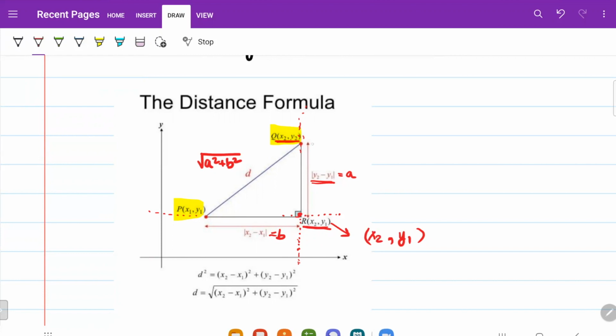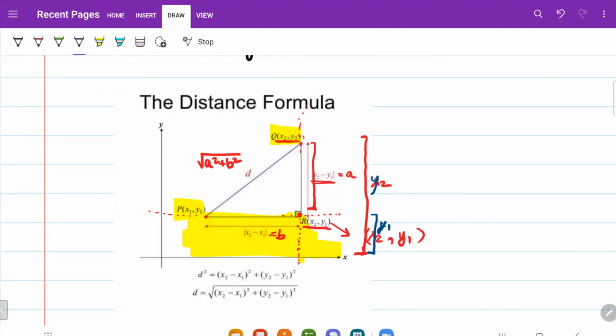Now, if we want the distance between here and here, this is basically saying you want to have this whole distance from here to here, which is y2, but you do not want all of this. So what you would do is you would subtract this part, which is y1.